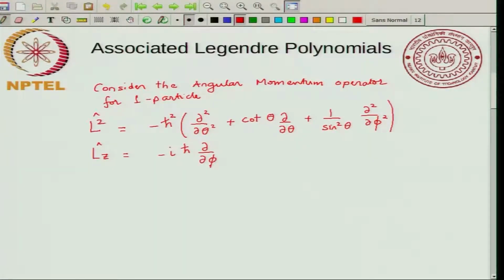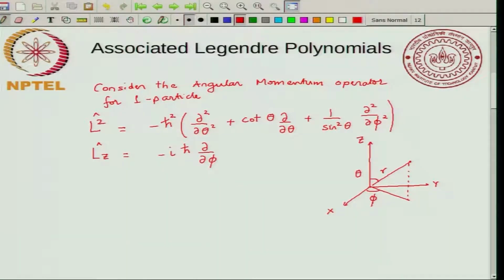Remember we are using spherical polar coordinates. If these are your axes x, y, z, and you have a point r with coordinates x, y, z, then we express the coordinates in terms of r, theta, phi, where r is this distance, theta is the angle with the z axis, and phi is the angle that the projection of this vector onto the xy plane makes with the x axis.